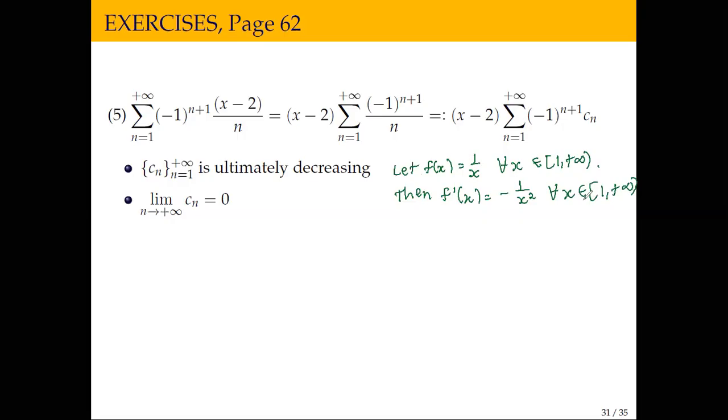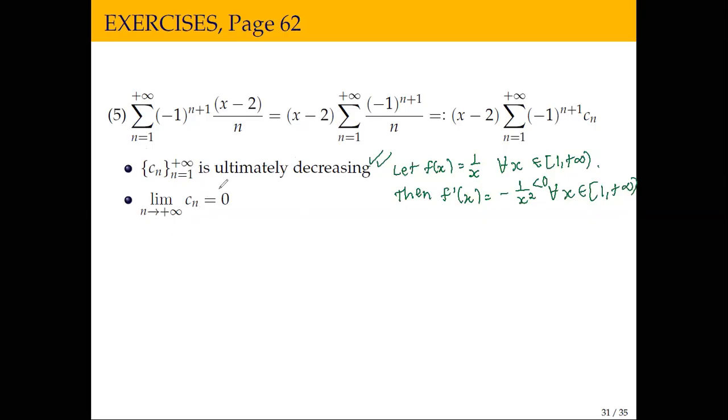Since our x is from this interval, 1 over x squared is always positive. Times a negative number, we have here negative. So f prime is negative for all x in this interval. Thus, we say that this sequence is strictly decreasing. Since it is strictly decreasing, it is ultimately decreasing in return. So we have verified the first criteria.